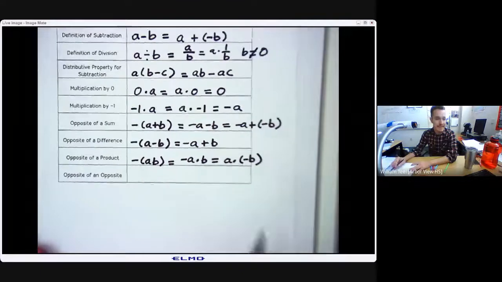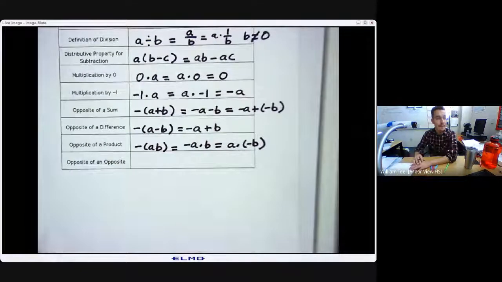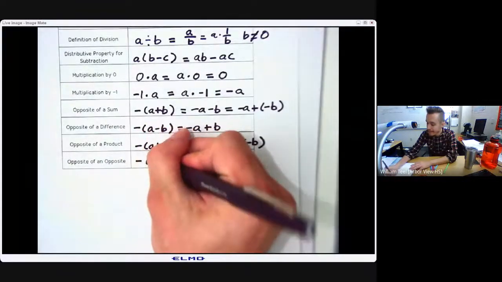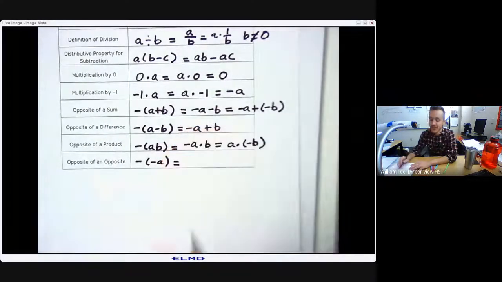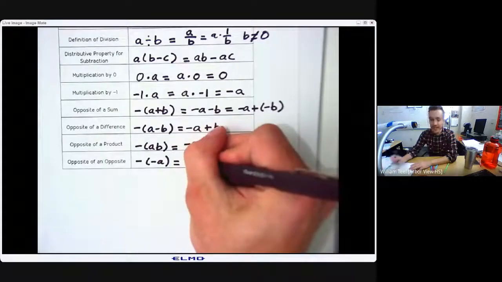As long as the negative is there, you are going to be looking at the opposite of a product. Opposite of an opposite, if I have a negative number, so opposite of a negative number, that is really essentially equal to a negative times a negative equals a positive. So we just have equals A.